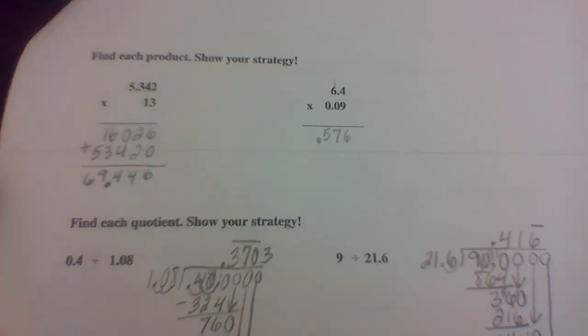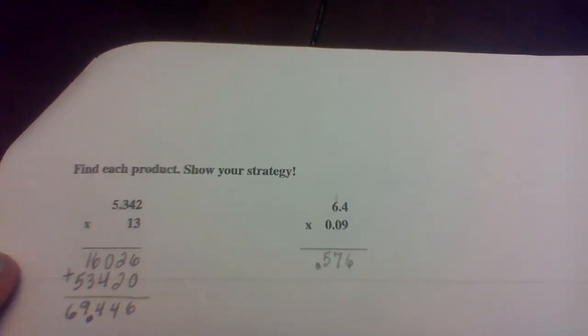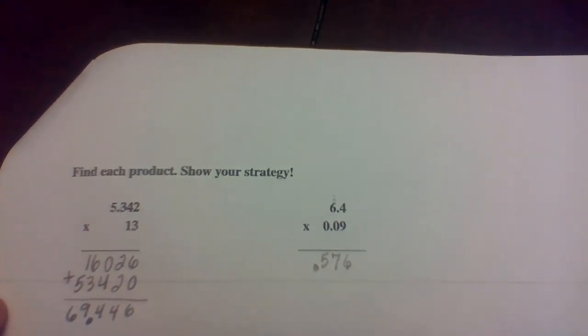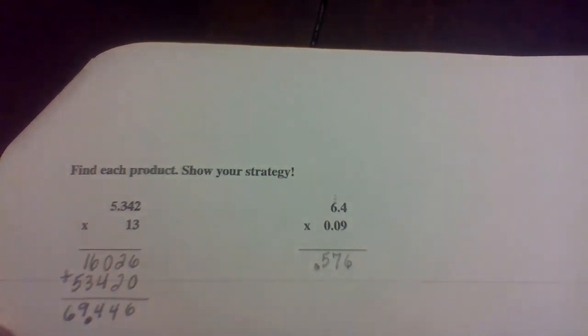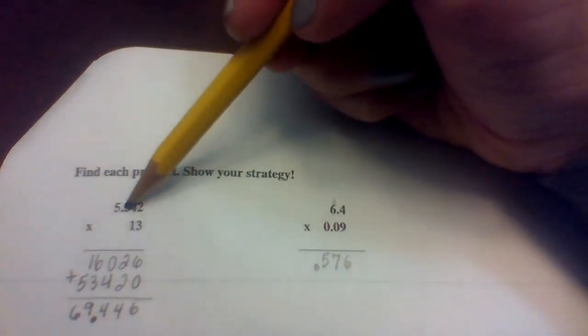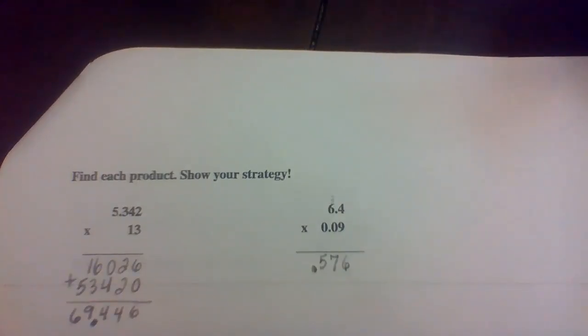Next one, we had to multiply decimals. Remember, when you're multiplying, after you get your answer, your product, I should say, you have to go back and figure out where the decimal goes in the product. So here, I'm simply multiplying without the decimal, and then I'm counting 1, 2, 3 digits behind the decimal in the problem.